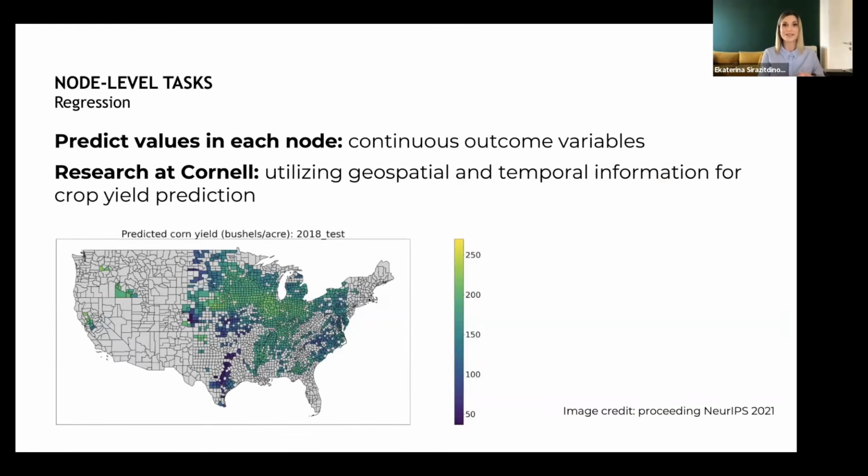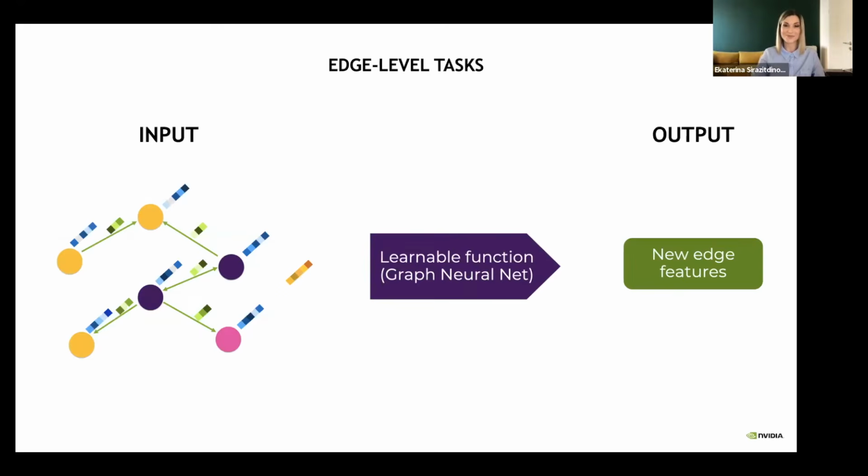A good example here, which I found from NeurIPS 2021, is predicting values of crop yield in different states and different spatial geographies of the United States. The researchers at Cornell did this work utilizing geospatial and temporal information. So it is a very, very useful application.